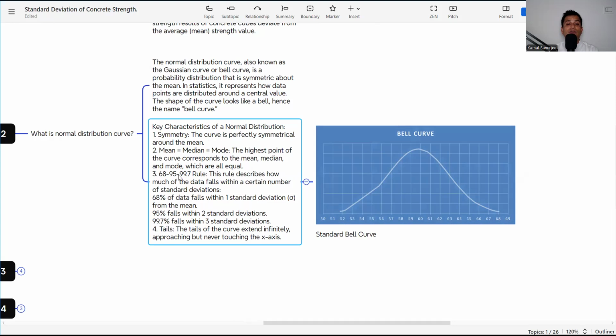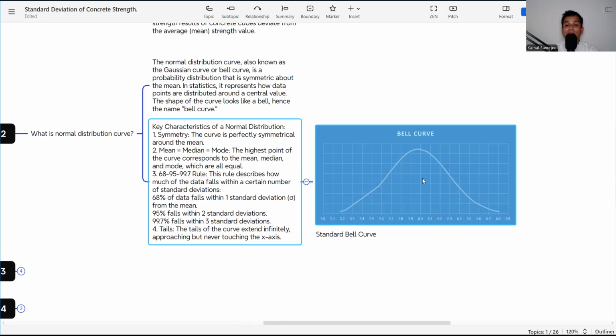Then the 68-95-99.7 rule. This rule describes how much of the data falls within a certain number of standard deviations. See, here is the mean, around 60. Suppose my standard deviation is 2.5. So 1 sigma on the positive side is 62.5, and 1 sigma on the negative side is 60 minus 2.5, which is 57.5.